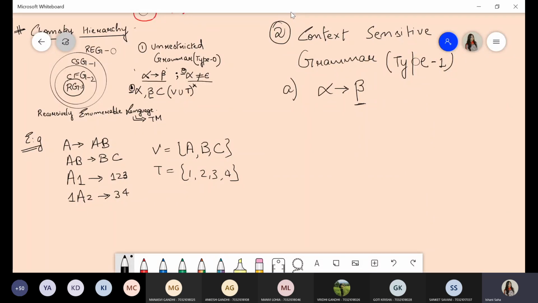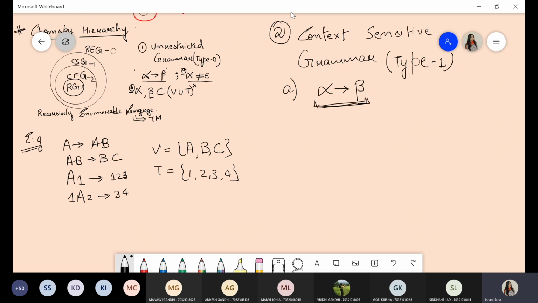Ma'am, could you repeat from the start? Yes. For each production of the form alpha generates beta, write down the equation that I have written, that is alpha generates beta.